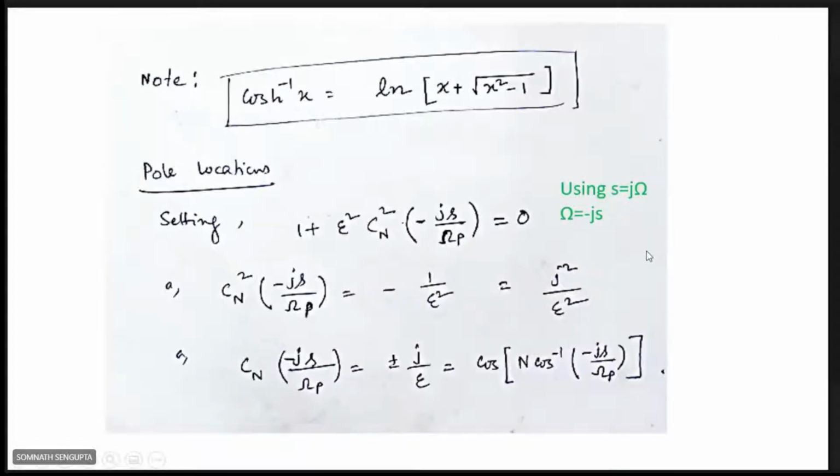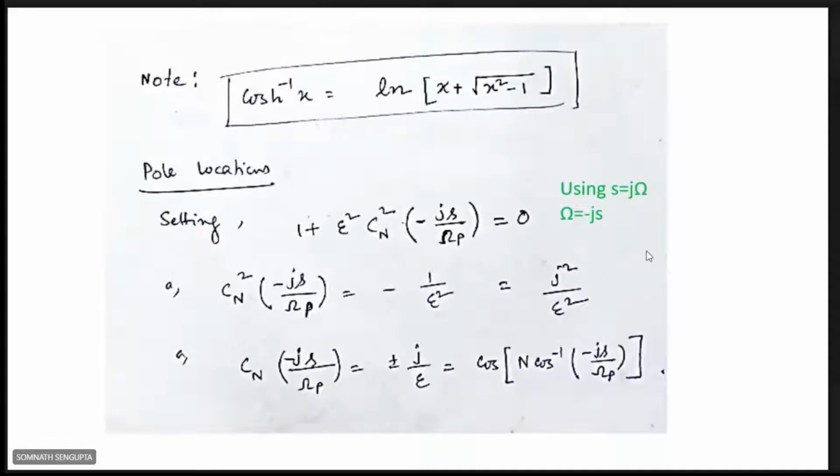So now the next part is the pole locations. Pole locations for the Chebyshev filter. We have discussed for the Butterworth filter, for different orders n equal to 1, 2, 3, 4, that the denominator changes.